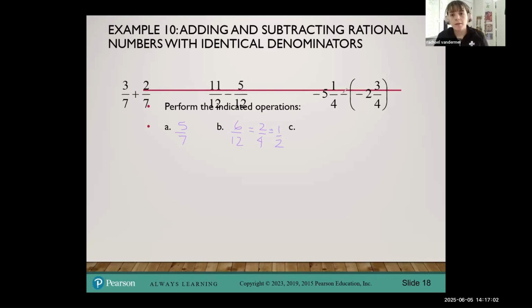Now this one, remember I've got a negative sign here. And what do I do when I subtract a negative? Isn't it like addition, right? Yes. So I'm going to change that to adding a positive 2 3/4.